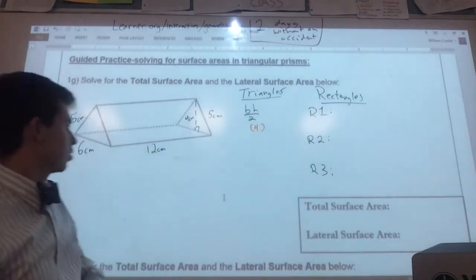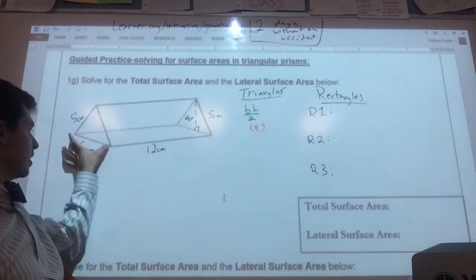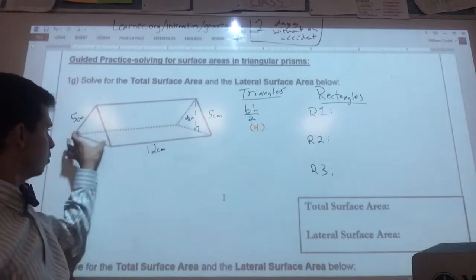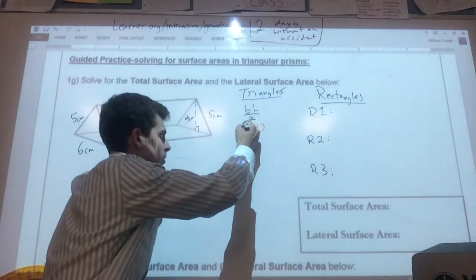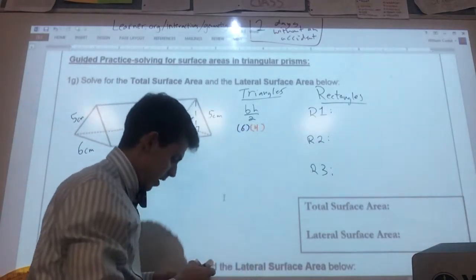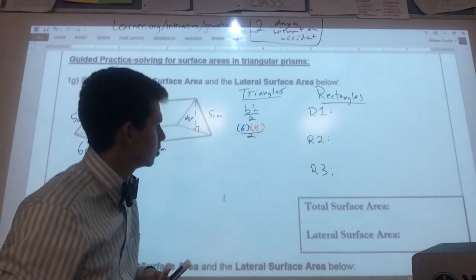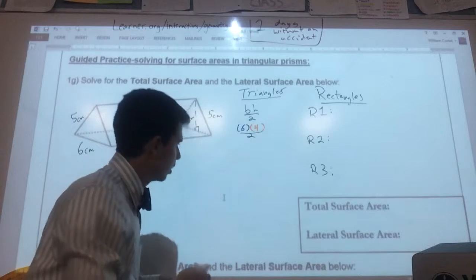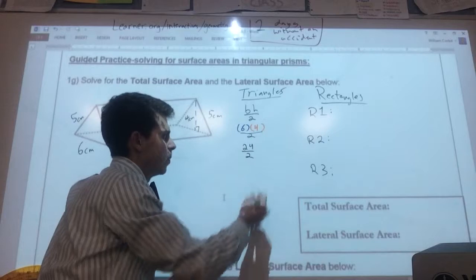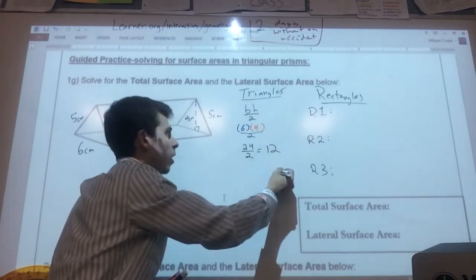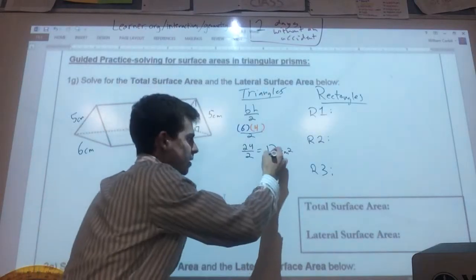And the base of this triangle, well, it's not given here, but it is given over here. I can just move it on over, which is 6. So the base is going to be 6. And now make sure that I divide it by 2. So 6 times 4 divided by 2. 6 times 4 is going to be 24. And then divided by 2 is equal to 12 centimeters squared.